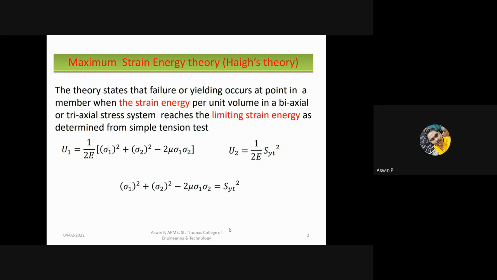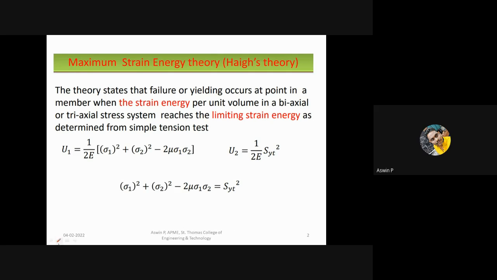For that, first of all, you need to derive the equation for normal strain energy, that is U is equal to 1 by 2E into sigma 1 square plus sigma 2 square minus 2 mu into sigma 1 sigma 2. And the result found from a simple tension test is taken as U2, that is 1 by 2E into sigma YT square.